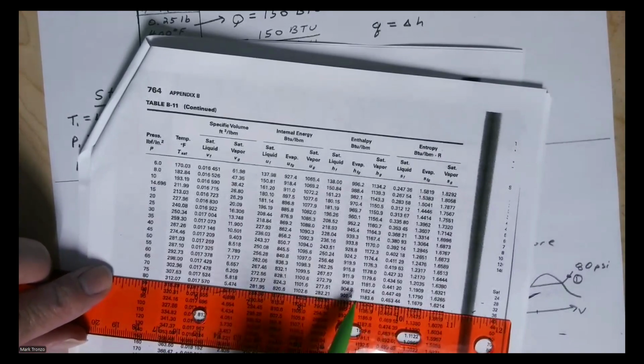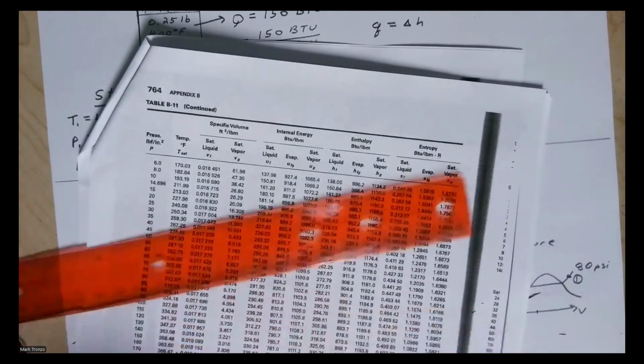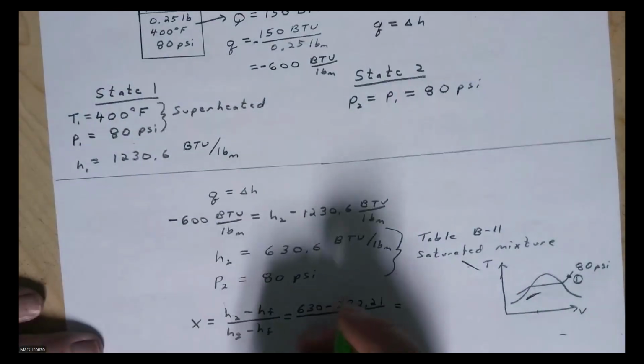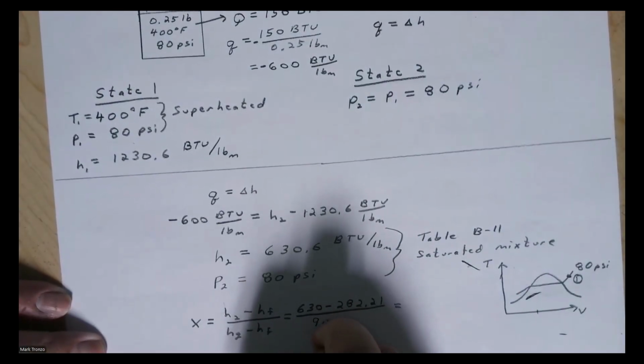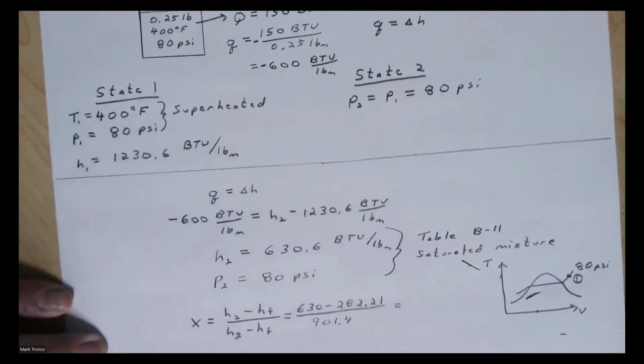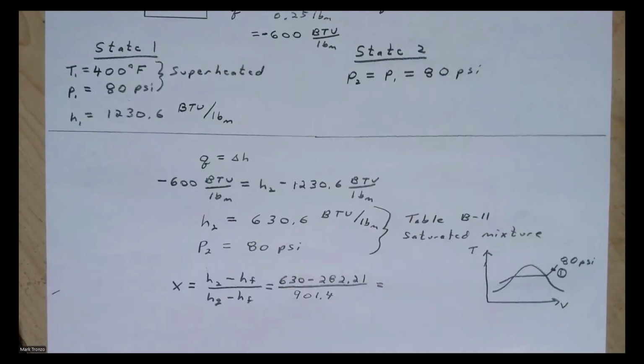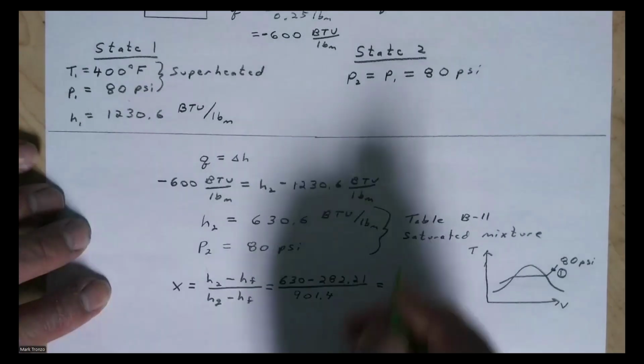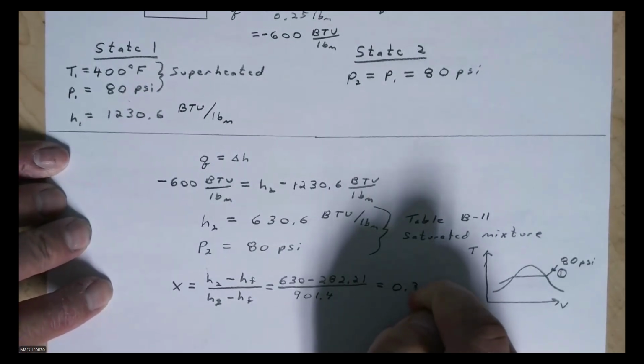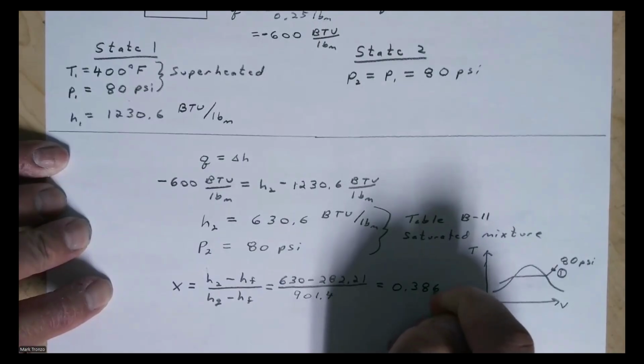I could just calculate the difference of those two, but it's given to us right here, the HFG, which is 901.4. Let's put that in our calculator. I got approximately 0.386.